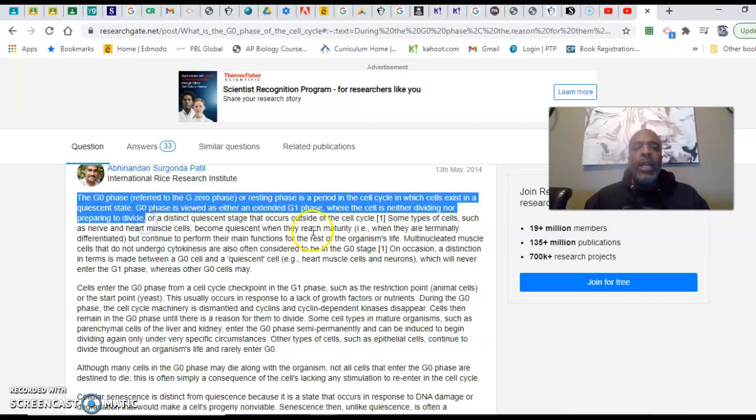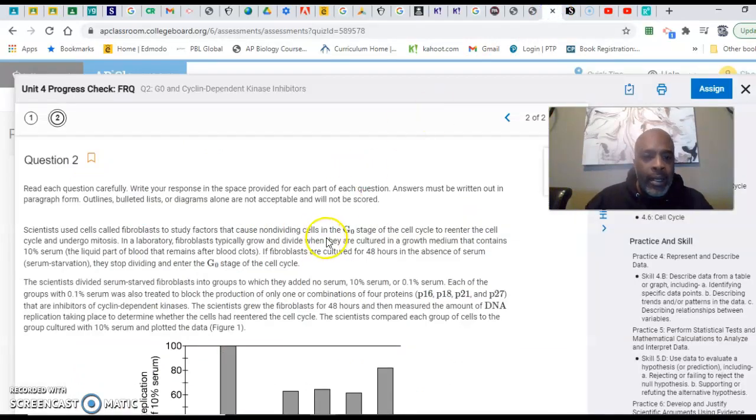So if we go back, we realize that non-dividing cells are basically in the G0 stage. To get them to re-enter, we're trying to figure out what would make them re-enter the cell dividing stage. We're trying to see if the absence of one or more of these proteins, which inhibit the cyclin dependent kinases, would cause these cells to re-enter the stage of DNA replication.